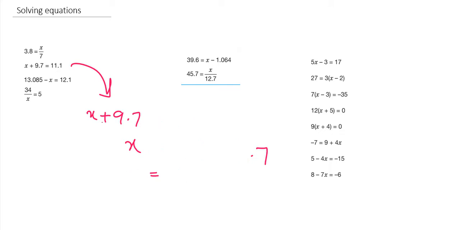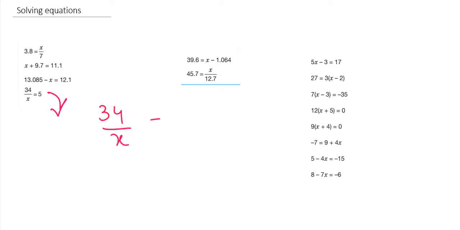So let's work out another complex one. Let's take this one: 34 over x is equal to 5. Now you have to take out the value of x. First, what can we do? We just need to replace these two terms.